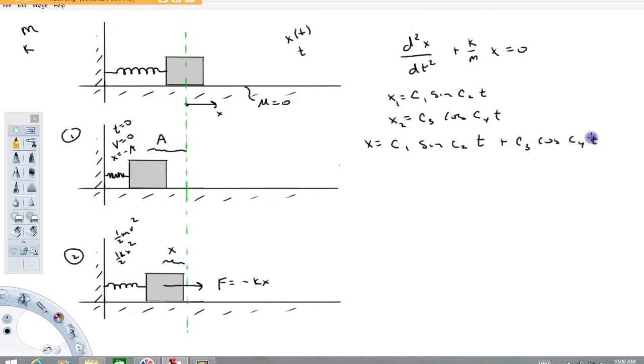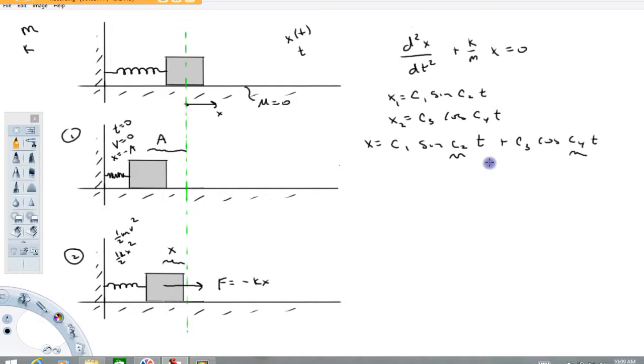Now, again, if you have seen my videos on solving second order homogeneous differential equations, you will notice that these constants always end up being the same thing. And you notice that those constants have to have units of radians per second, because if you're going to take the sine of an angle, the standard unit of angle in physics is the radian. So the quantity that has units of radians per second is called the angular frequency.